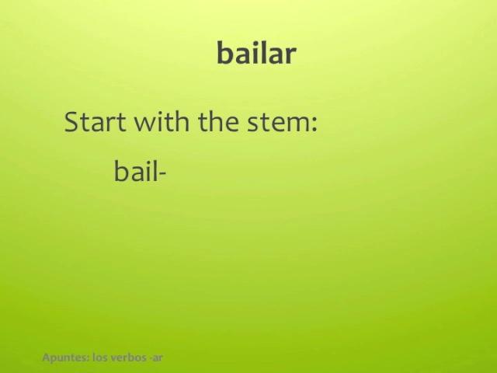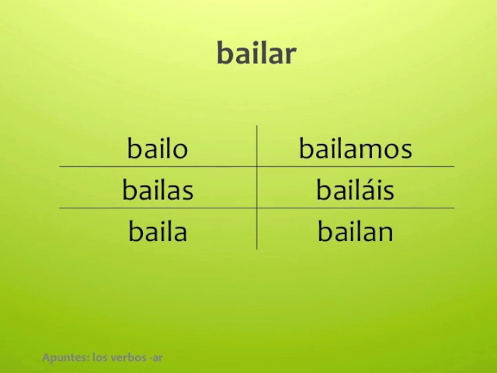Now let's conjugate the verb bailar. Again, remember to start with the stem, bail, B-A-I-L. Try doing this one on your own too. See how well you can do, and then check your answers by advancing the video. Yo bailo, I dance.